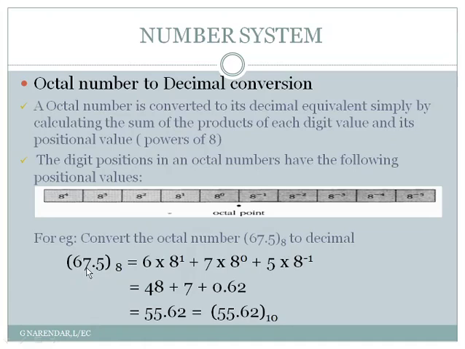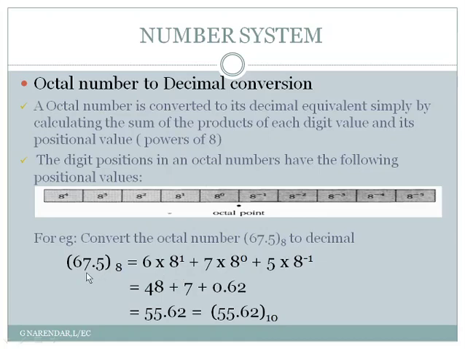The first digit is 7, and its position value, towards the left of the octal point, is 8 power 0. So 7 must be multiplied with 8 power 0, and similarly the next digit is 6, and its position value is 8 power 1. So 6 into 8 power 1.